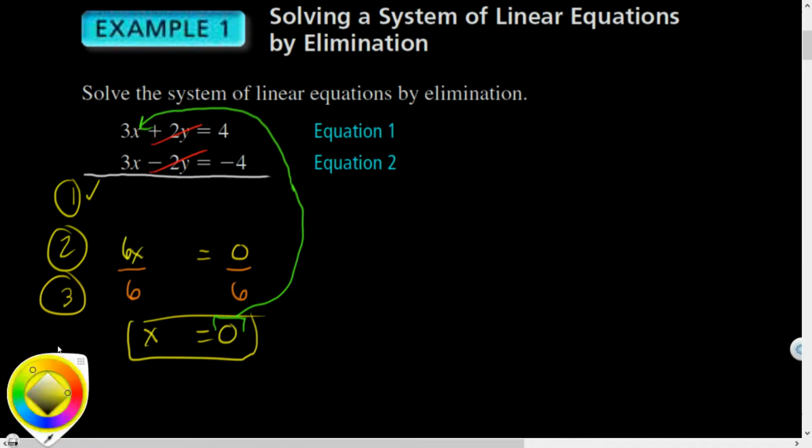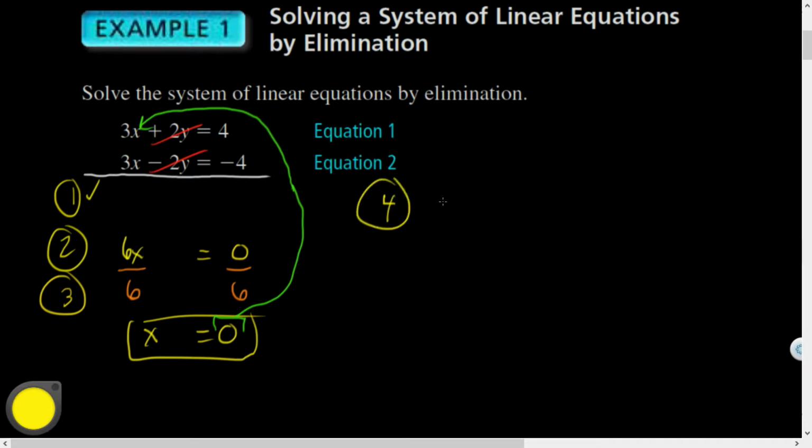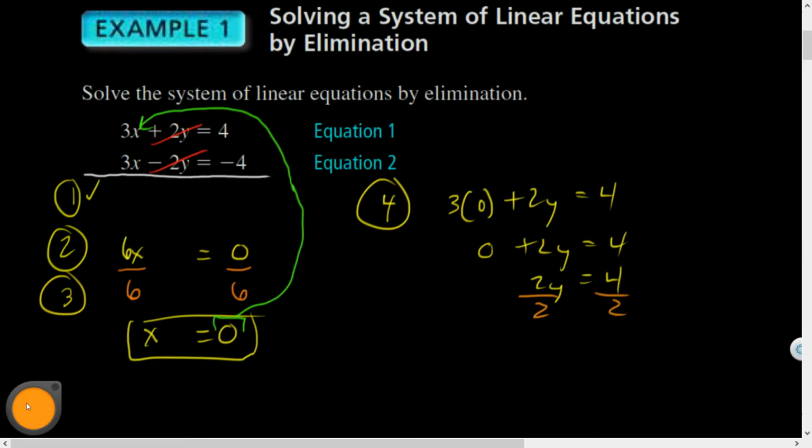So step 4. I'm going to have 3 times 0 plus 2y equals 4. That's 0 plus 2y equals 4. That's just 2y equals 4. And I solve by dividing both sides by 2. And I get y equals 2.